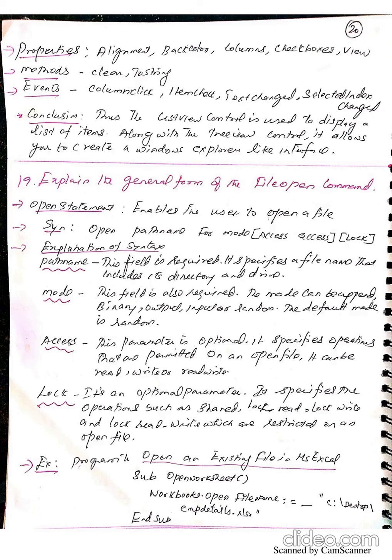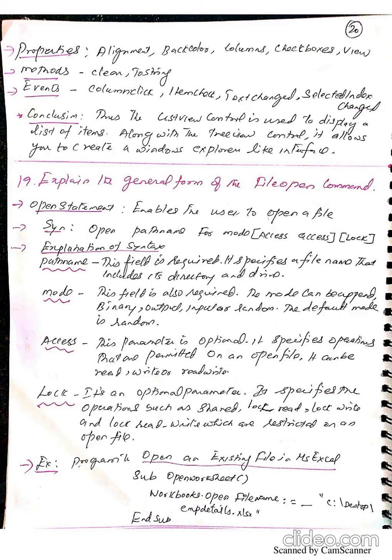AllowDrop specifies whether to accept data dragged and dropped into the form. Font gets or sets the font used in the form. Locked specifies whether the form is locked. FormBorderStyle gets or sets the border style. Text provides the title for a form window. ControlBox determines whether the control box is available.